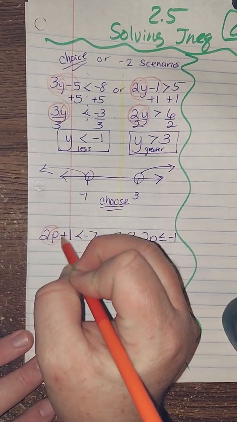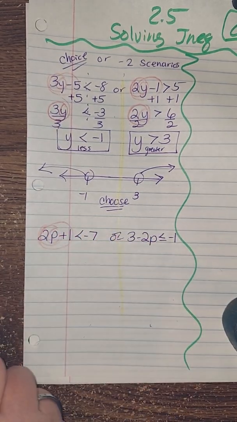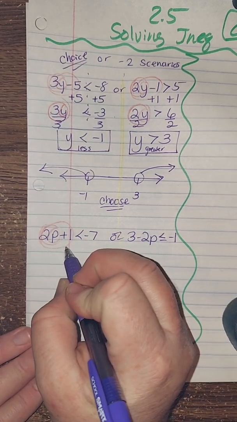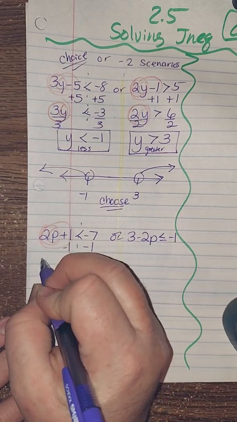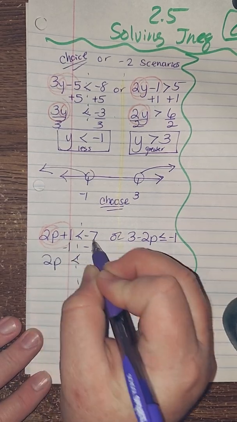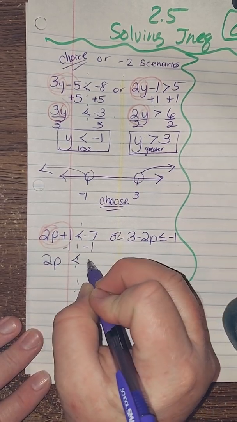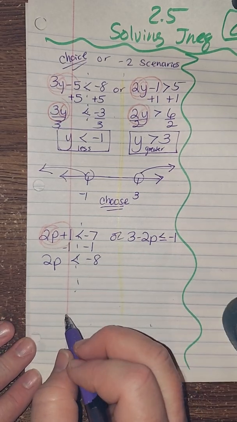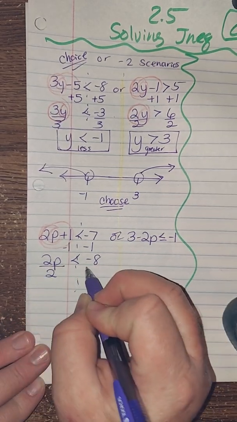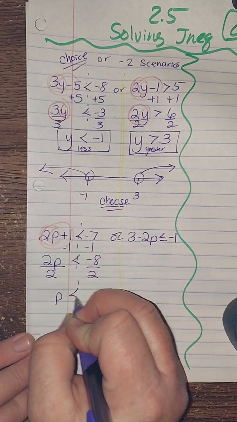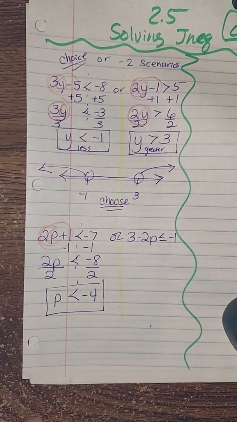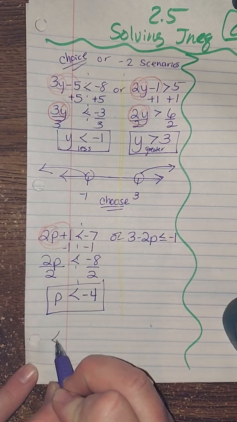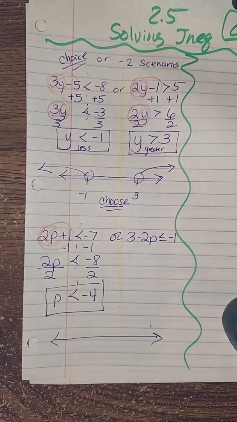So let's onion this up. The first thing you're going to do, subtract 1. 2p, what's -7 minus 1? -8. Divide by 2. p is less than -4. Box it in. I like to box these in. Makes your life a little bit easier, doesn't it?